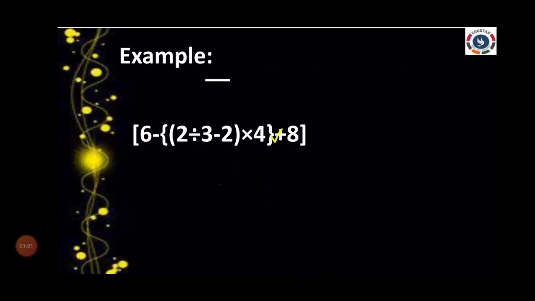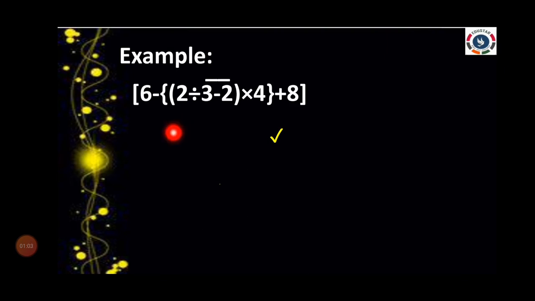See here, 6 minus 2 divided by 3 minus 2 into 4 plus 8 is given. Okay, here what brackets are given? Vinculum, that is the line bracket, is given, round bracket is given, curly bracket is given, and the big bracket, I mean square bracket, is also given. So we have 4 brackets here.